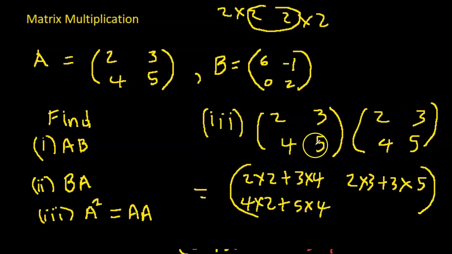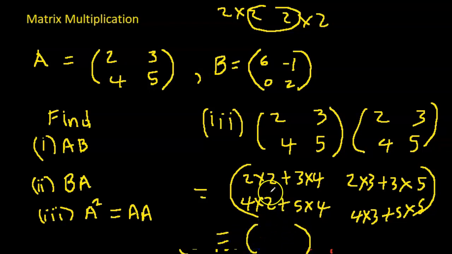You're applying 4, 5 now to 3, 5. So 4 times 3 plus 5 times 5. And let's put in our result. So this is 4 plus 12, that's 16. This is 6 plus 15, that's 21.